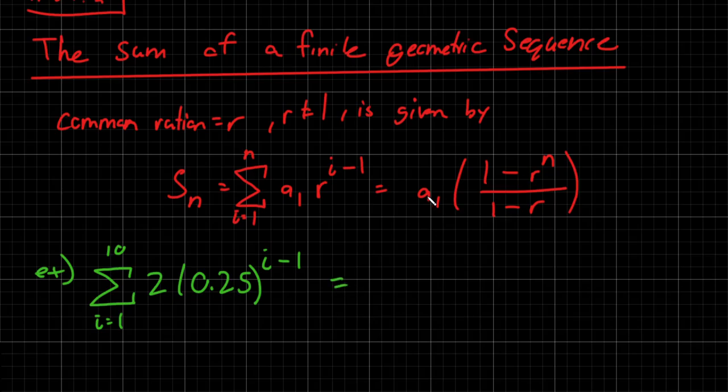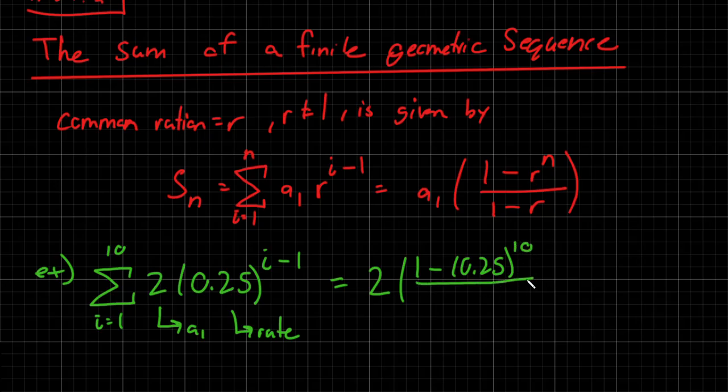We need 3 things to use this. I need my first term, I need my n, and I need my rate. What is my first term? Yep, it's going to be 2. 2 times 1 minus, what is my rate? Yep, 0.25, and I have to raise it to the what power? 10, because that's what I'm going to. That's 1 minus 0.25.